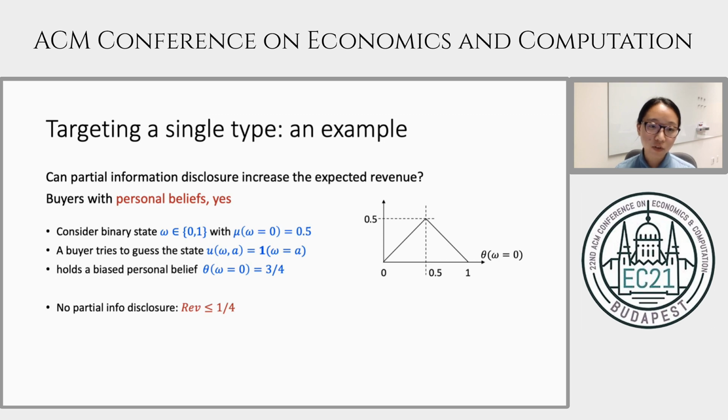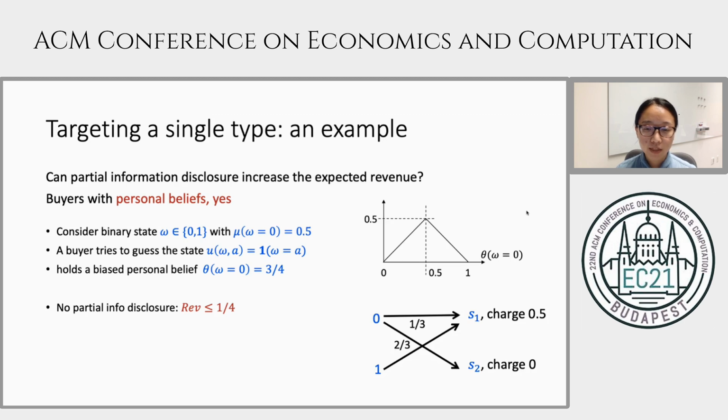If the seller reveals no partial information and just directly sells omega, then her revenue cannot exceed 1/4, which is just the buyer's valuation at belief 3/4. But consider a seller using the following strategy: the seller sends S1 with probability 1/3 when she observes 0, and sends S2 with probability 2/3.